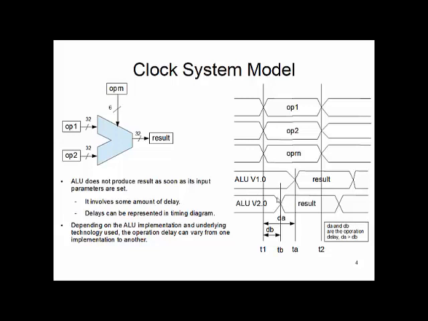Now the point is that the ALU itself is not the whole computer, right? Other electronic components need to interact with this ALU.